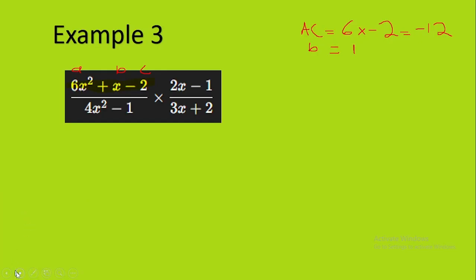So the two numbers, let me change the color of the pen. The two numbers that can add together to give you 1 and multiply together to give you negative 12 would be negative 3 and 4, because negative 3 plus 4 will give you 1, and negative 3 times 4 will give you negative 12.